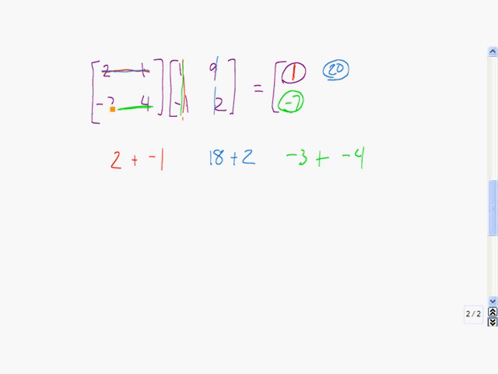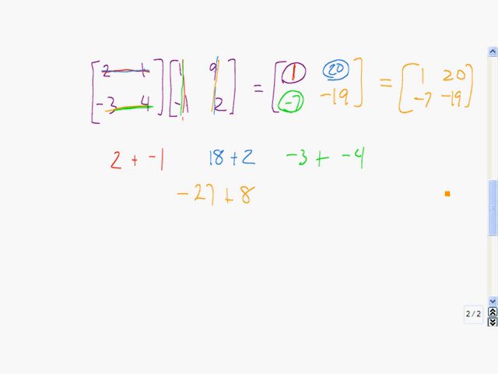Finally, I'm going to take the second row of the first matrix and now the second column of the second matrix. So I have -3 times 9, which is negative 27, plus 4 times 2, which is 8, and that gives me negative 19. So the product of this matrix times this matrix is the matrix 1, 20, negative 7, negative 19.